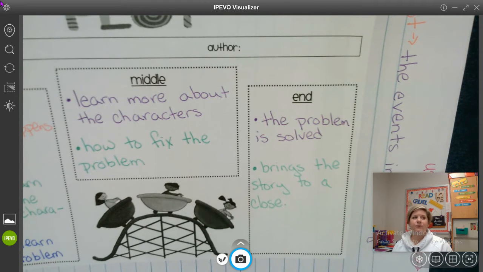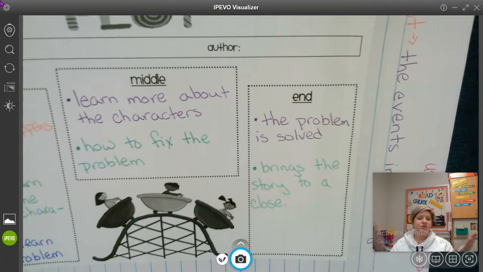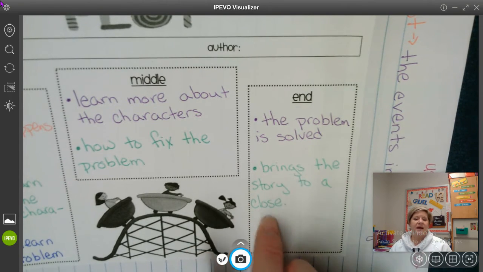Sometimes the author wants to make you want to read more or watch the next movie, so they close the story but leave you questioning, so that you want more. And then sometimes that's just where the story ends. So it depends on what kind of book or movie you're watching to see how exactly it is brought to a closing.